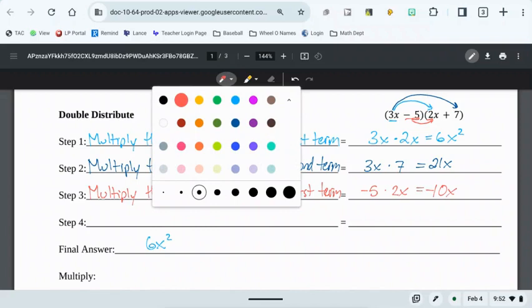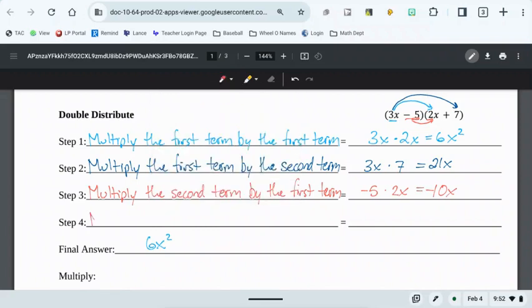And then our last one, we are going to multiply the second term by the second term. So we're going to go -5 times +7. -35.